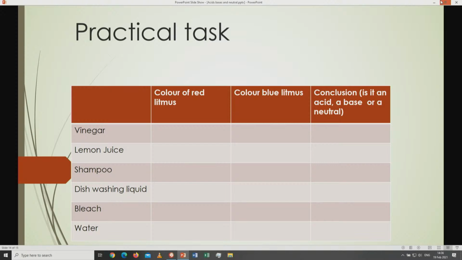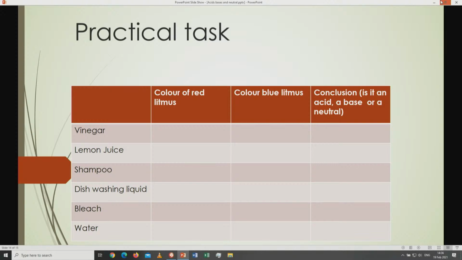Let us look at this one closely. On the left-hand side, vinegar. I can also test the lemon juice with it. Shampoo, a dishwashing liquid, bleach, or water.